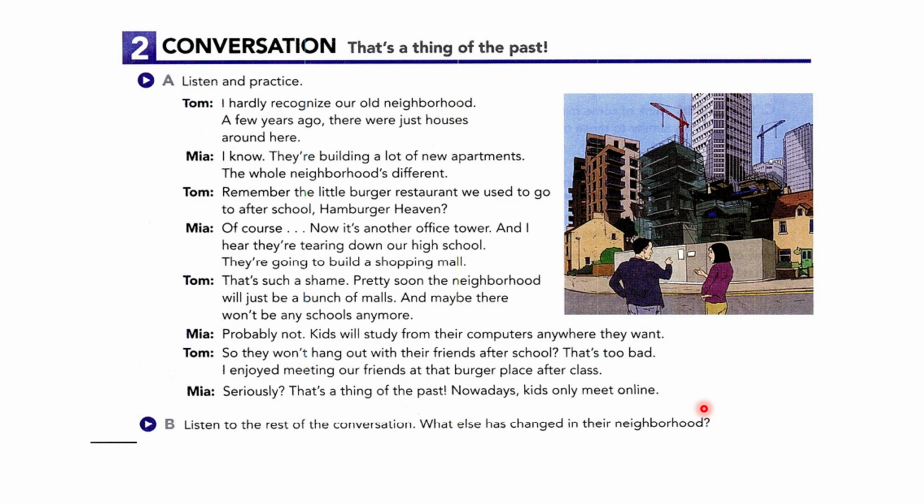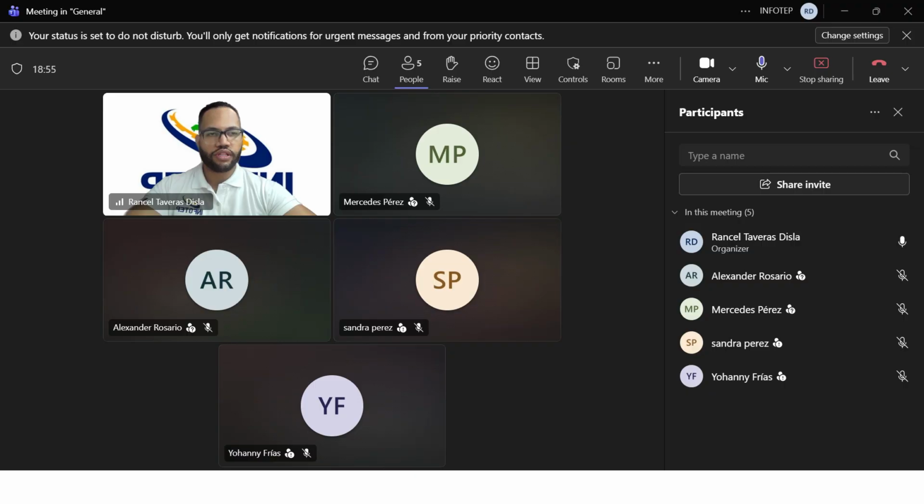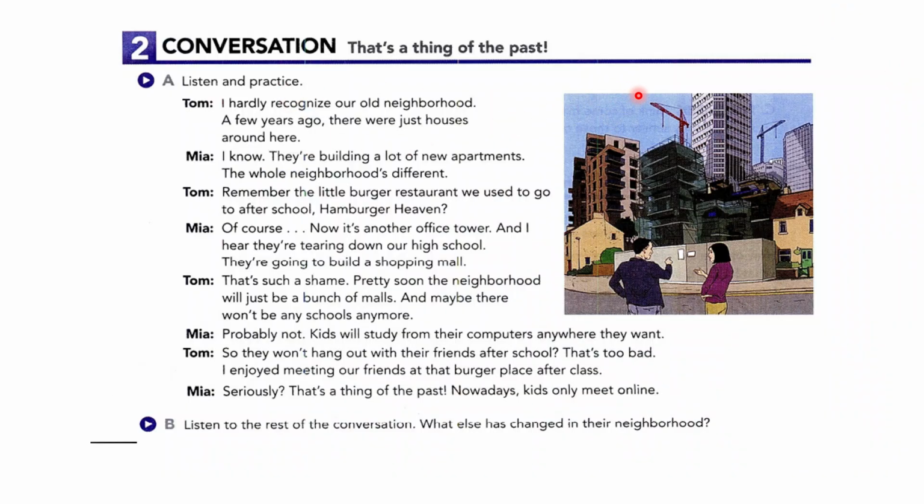Okay, very well. Okay, so let's read this again. I hardly recognize our old neighborhood. A few years ago, there were just houses around here. I know. They're building a lot of new apartments. The whole neighborhood's different. Remember the little burger restaurant we used to go to after school? Hamburger Haven? Of course.